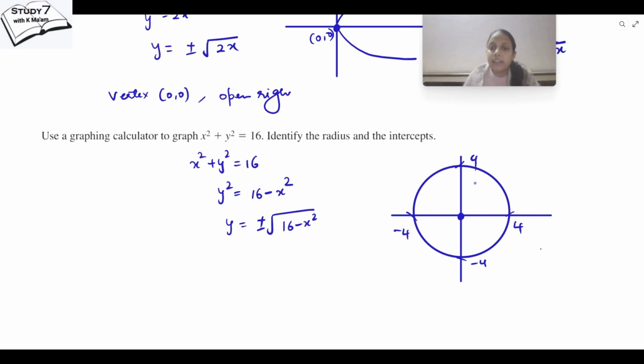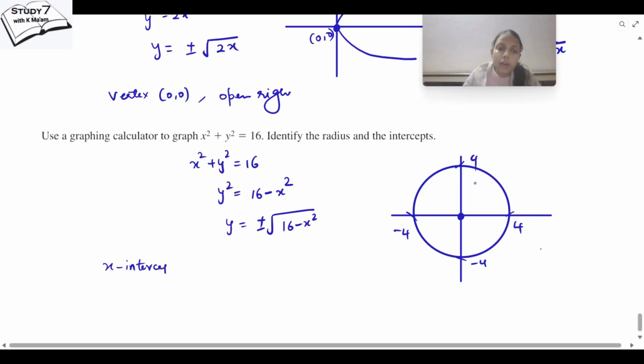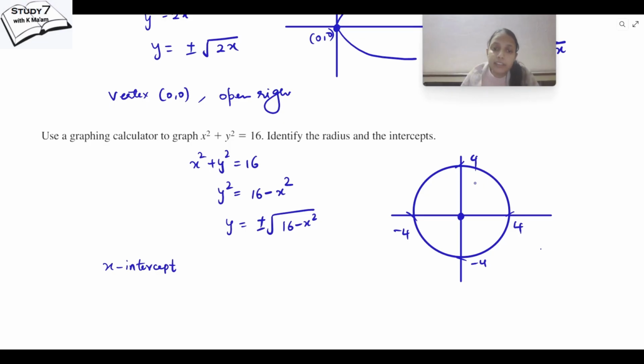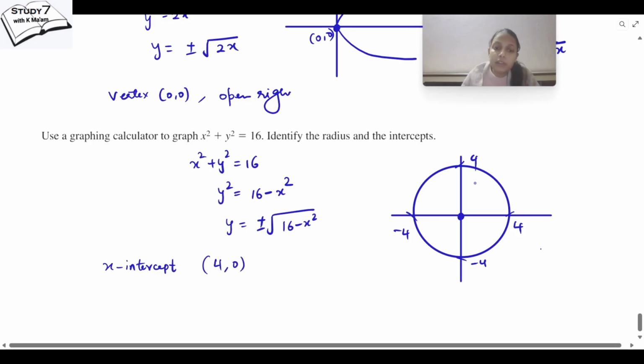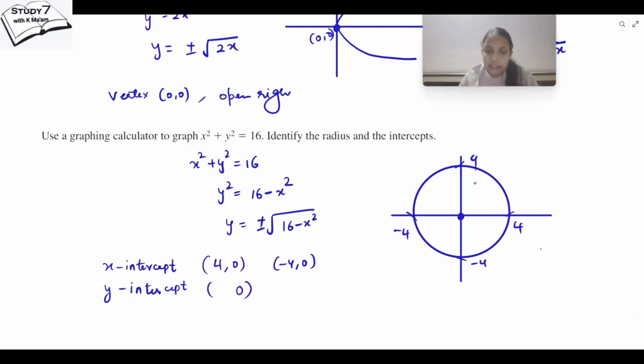Find the radius and intercepts. Intercept means where it cuts. So how to find the x-intercept? Substitute y as 0, calculate x. If I put y as 0, I will get x is positive 4 and negative 4. So (4, 0) and (-4, 0) because y is 0. If I calculate the y-intercept, I have to put x as 0.